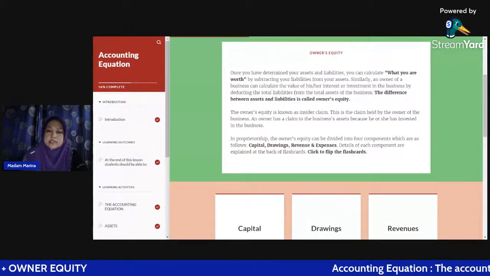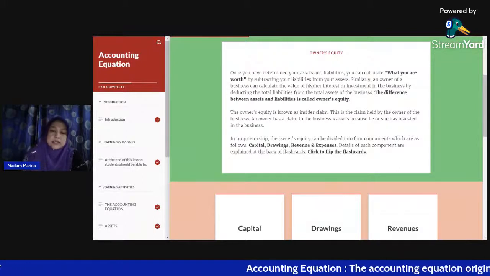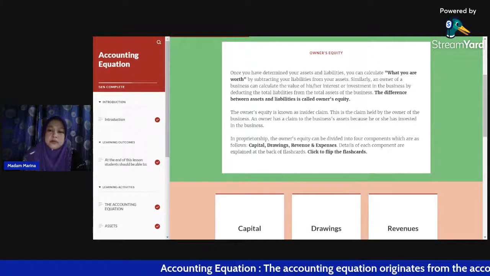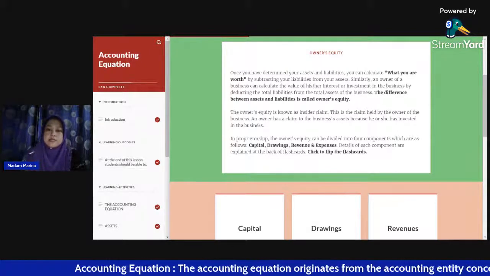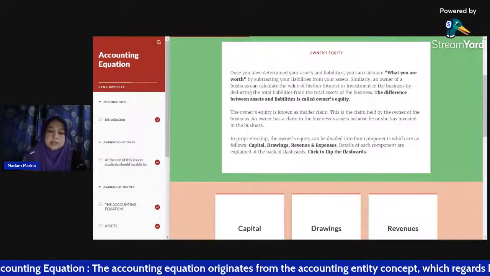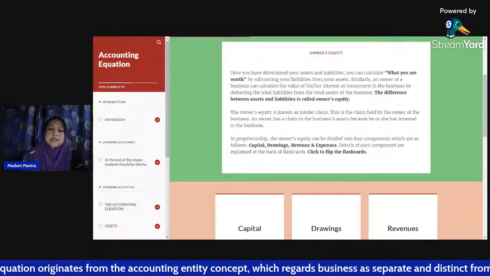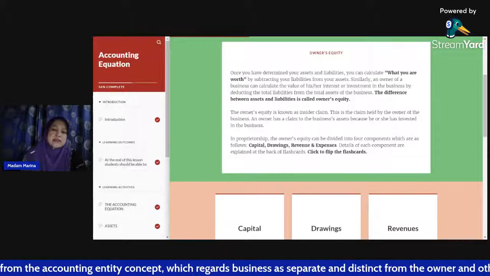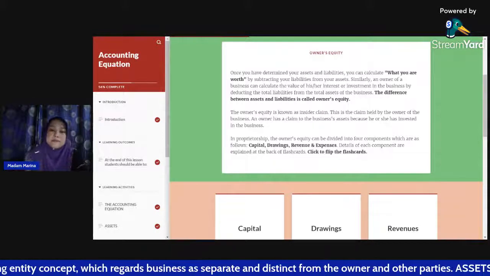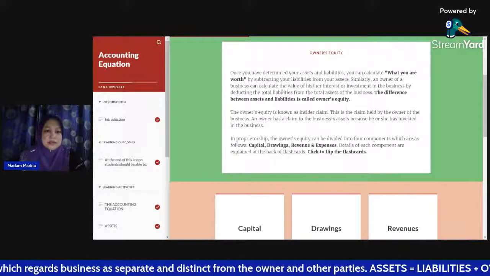The owner equity is known as the insider claim. This is a claim held by the owner of the business, and the owner has a claim to the business assets because he or she has invested in the business. That is related to the accounting concept of separate entity.